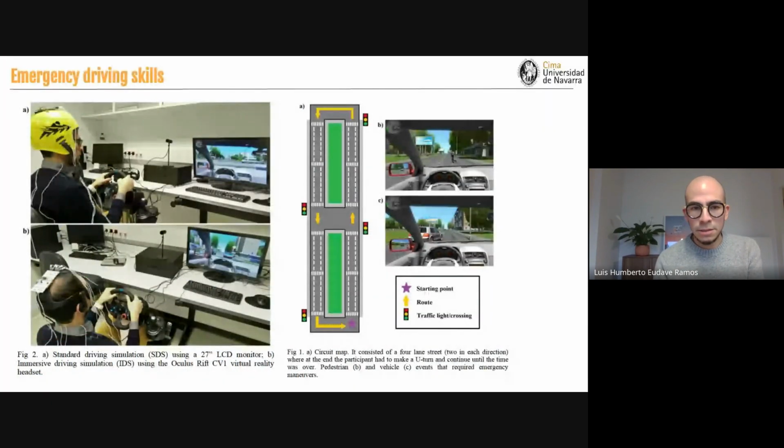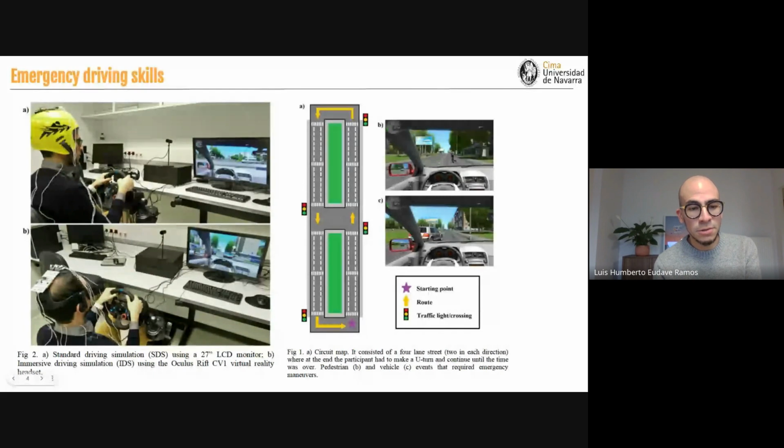Okay, so these are a few examples of what I've been doing this research on. During my PhD, one of my side projects was to explore how we react when we have to maneuver our car in emergency situations. On the left, you see me, connected to a bunch of cables in a very crafty way.